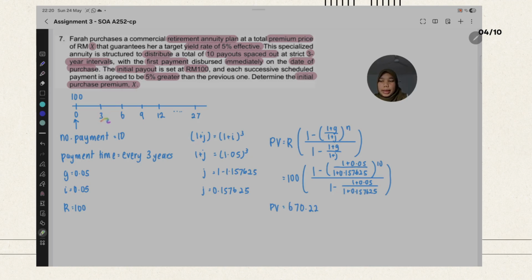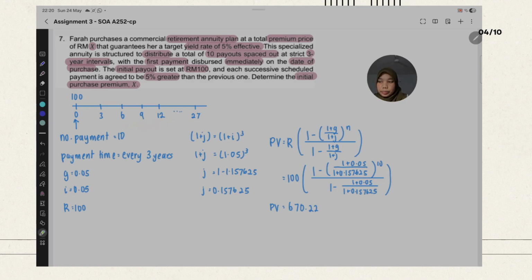On our timeline, the first payment is 100. The second payment at year 3 is 100 times 1.05 to the power of 1. For the third payment at year 6, it is 100 times 1.05 to the power of 2.